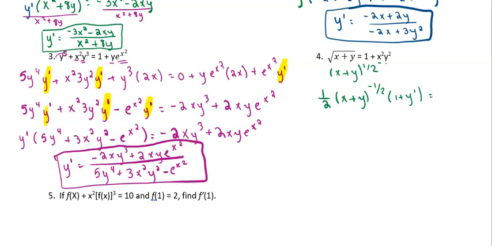And then we have a product rule again. So we have 0 plus the first times the derivative of the second. Well, the derivative of the second in this case is going to be the derivative of y squared. So if we take the derivative of y squared, that's going to be 2y y prime.